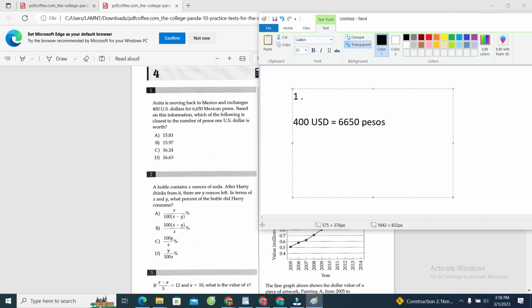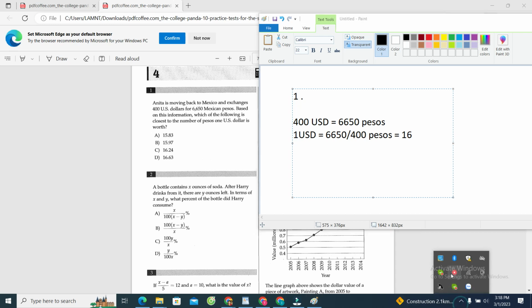So they ask for 1 USD, right? So that's gonna be 6,650 over 400 pesos. So that's approximately 15 or 16. So we have to calculate it to the exact number because they are given decimals here.